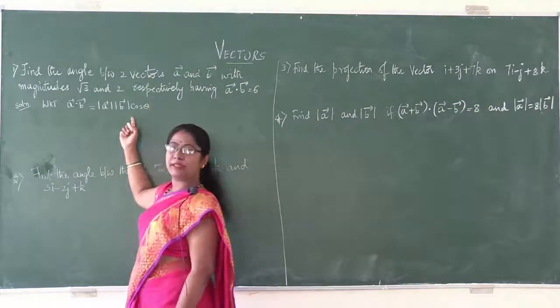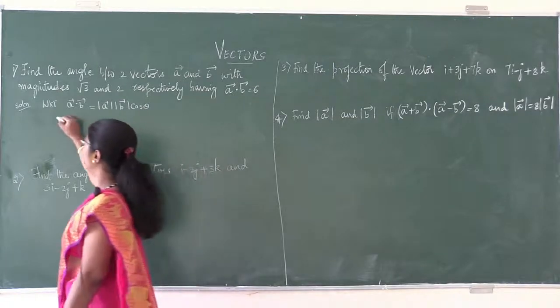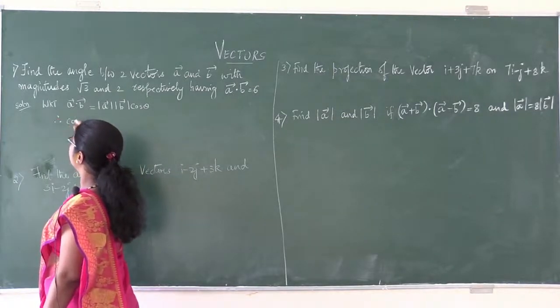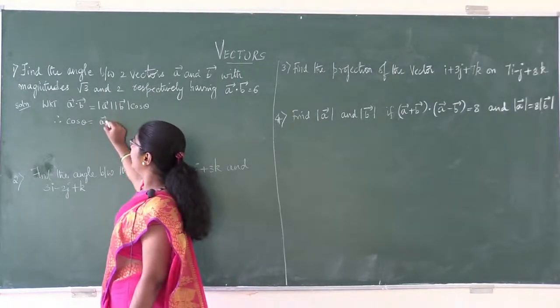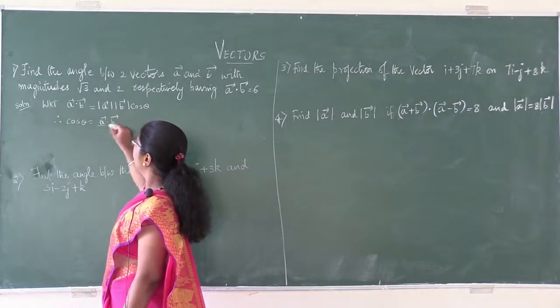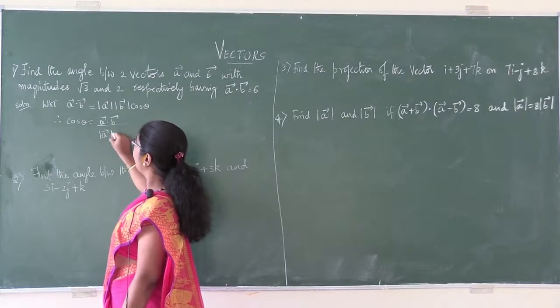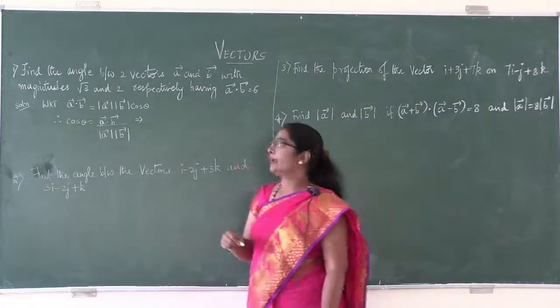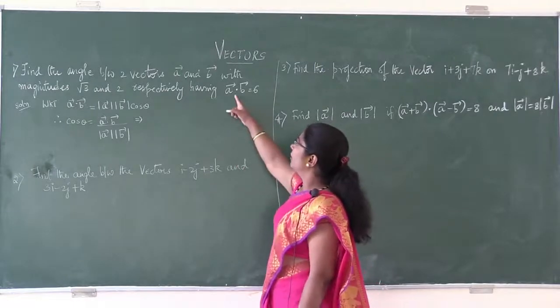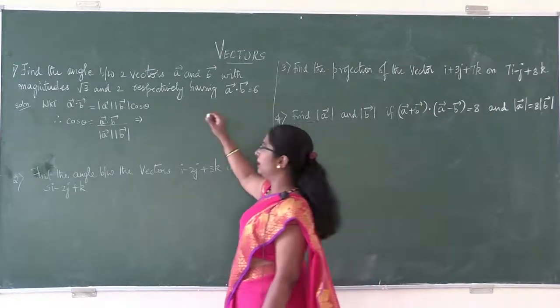Here in this problem it is defined in terms of cos theta. Therefore, what is cos theta equal to? Vector A dot vector B divided by magnitude of vector A, magnitude of vector B. What is vector A dot vector B given in the question? Vector A dot vector B is nothing but 6.